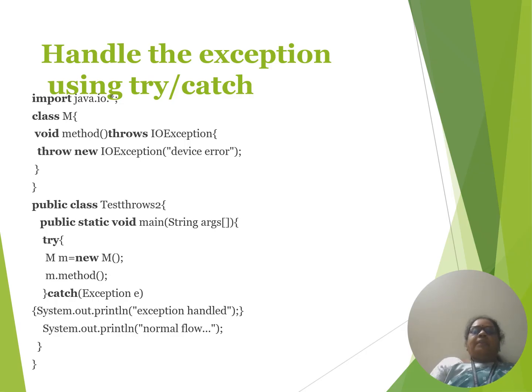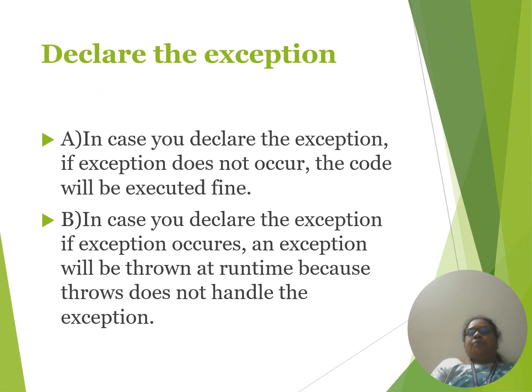Then I'm creating another class, TestThrows2. In the main function, try: for the M class, I am creating the M object and calling m.method. This method will throw. Catch the exception e, System.out.println exception handled. Otherwise, the system will flow normally.